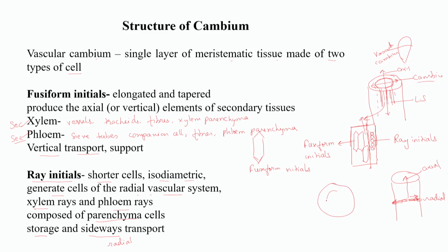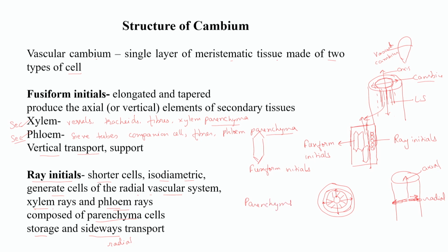You have a ring of xylem and a ring of phloem, and since these rays are radial, they will traverse both the xylem and the phloem. When they originate in the xylem, they are known as xylem rays. When they form in the phloem, they are known as phloem rays. So in the xylem and phloem, there are basically two types of parenchyma.